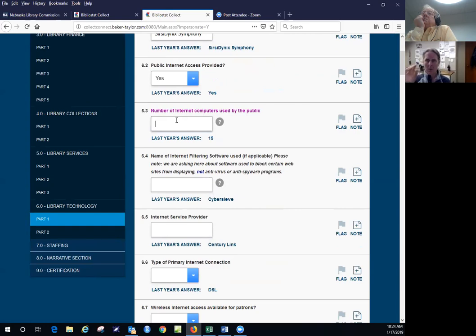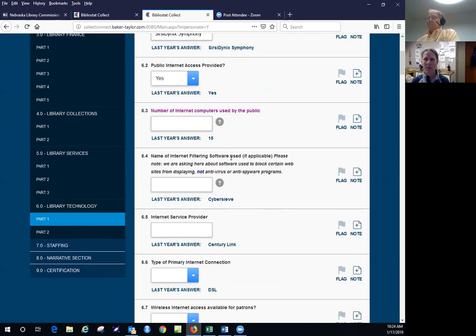And as we discussed on Tuesday, say you had an iPad or a tablet computer or a laptop computer that circulated in-house, you would include that in this 6.3 as an internet computer that was used by the public. If it was something that circulated from the library that left the library, you wouldn't include it. But if it was in-house circulation, you would include that in this number here, this 15.